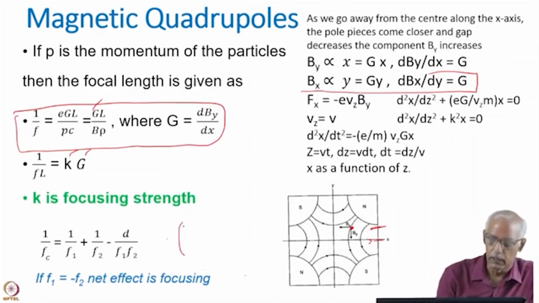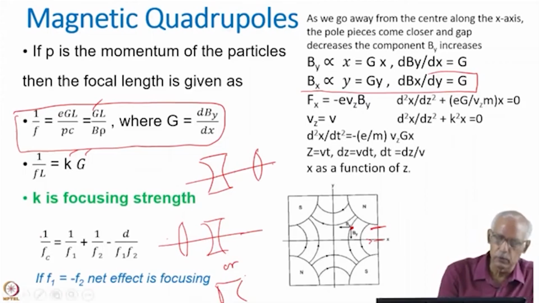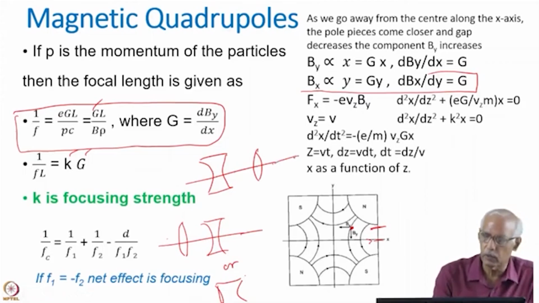Either you have focusing and then defocusing, or you have defocusing earlier and focusing later on, still the effect will be focusing only. Therefore if the beam is coming here at, let's say, 2 centimeter, I'm just putting it, then you will get the beam here focused at a certain distance, and it will be much smaller. It will cross at this.